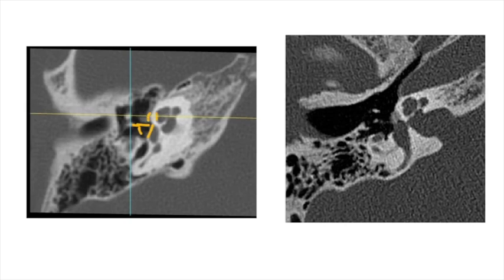In the affected ear, the stapes is here and the oval window is here. Between this and the cochlea is a hypodense, enlarged lesion that represents otosclerosis at the fissula antifenestrum. Though it may seem counterintuitive, the characteristic appearance of an otosclerotic lesion is of a hypodensity because though the material is dense, it is poorly mineralized.